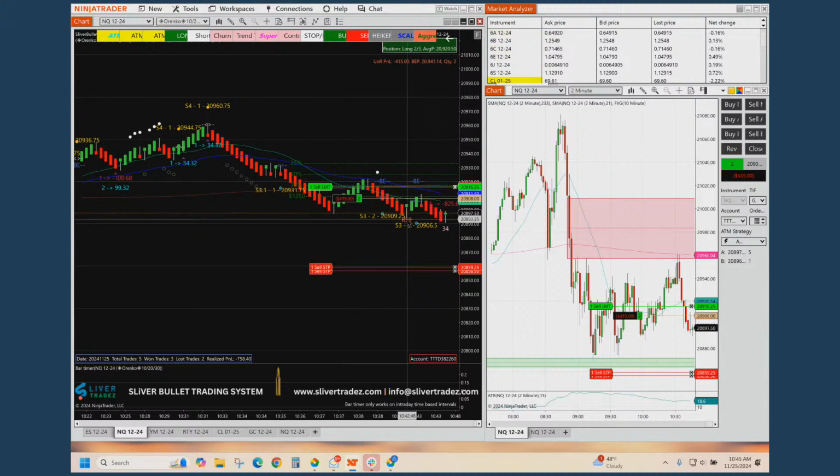Now market is pushing back up after taking the liquidity, looks like, or not.